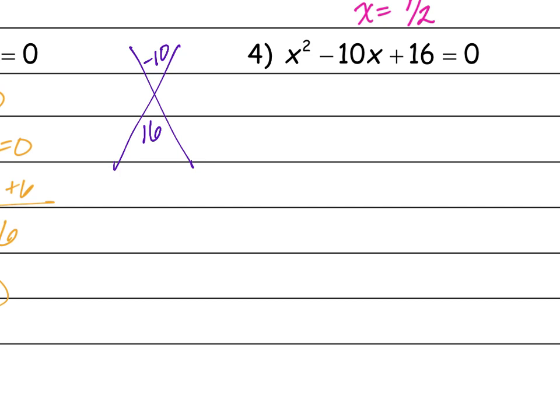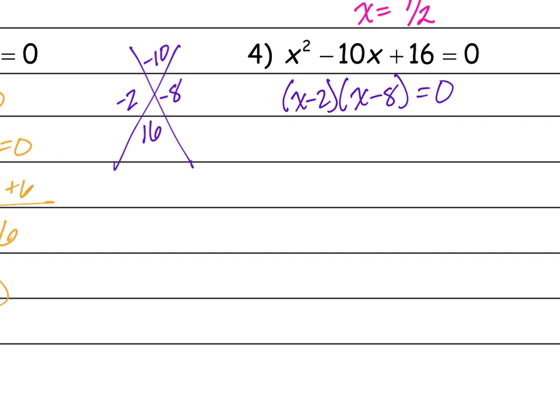Would it be 8 and -2? Yeah, good. And then it would be -2 and -8. Nice job. So that means it factors to x minus 2 times x minus 8 equals 0. Beautiful.